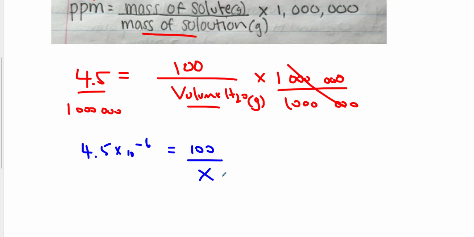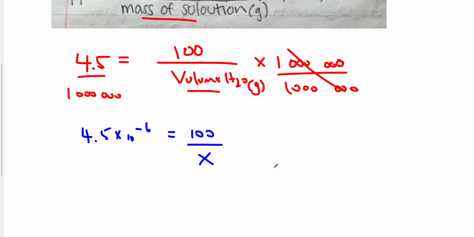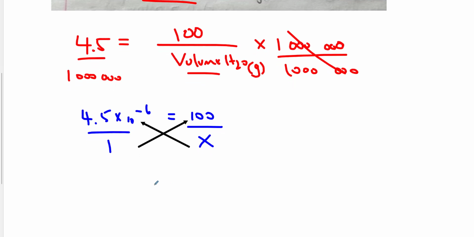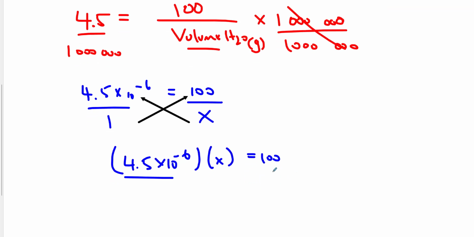Over our x value for now. And now solve for x. How would you solve for x? Yep, that's right. Absolutely right. Good job. And now divide both sides by 4.5 times 10 to the power of -6.